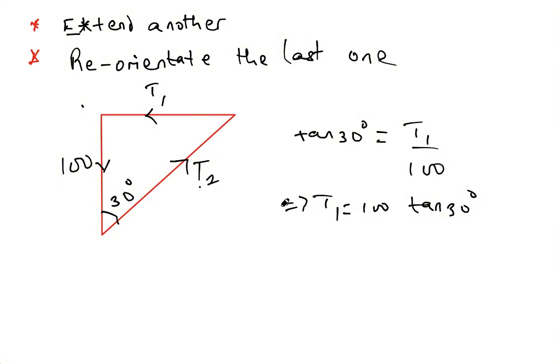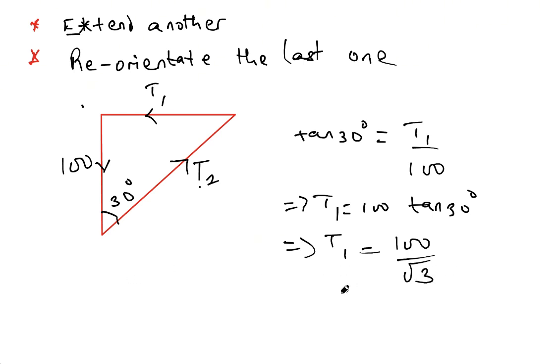If you press that on your calculator, that implies that T1 will be equal to 100 divided by root 3.